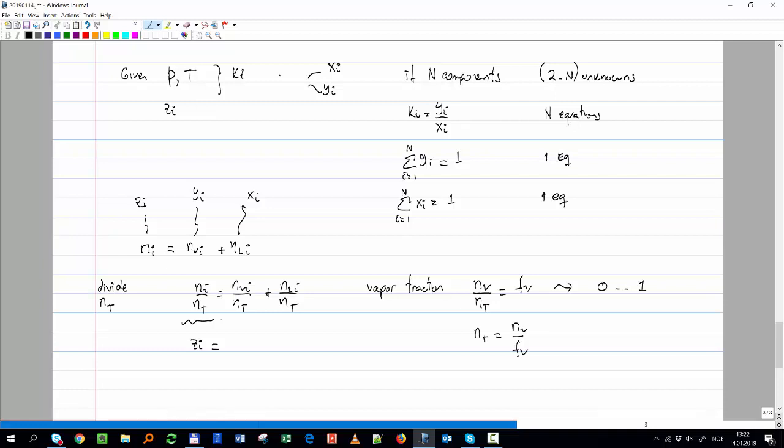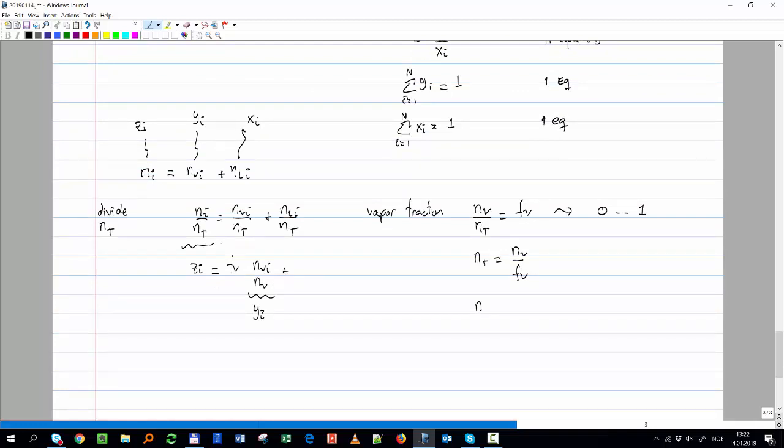So we substitute here for Nt, and we get Nvi divided by Nv, times Fv, and this guy is Yi. Now we have the last one. We can say that N of liquid divided by Nt is 1 minus Fv, because it is the liquid fraction, Fl, and the liquid fraction is simply 1 minus Fv.